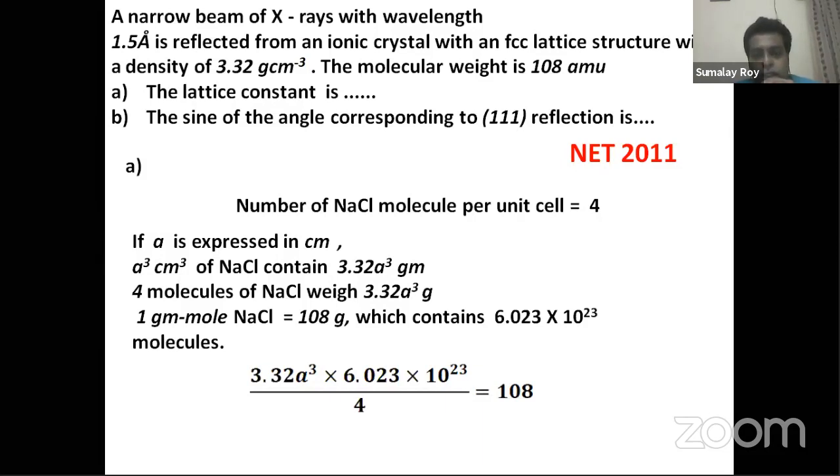Now 4 molecules are contained in a cube, so 4 molecules of sodium chloride weigh 3.32 a cube gram. According to the problem, 1 gram mole of the FCC lattice is 108 gram, which contains 6.023 times 10 to the power 23 molecules. The name is not important. So all we have to find out is the weight of 6.023 times 10 to the power 23 molecules. We know the weight of 4 molecules.